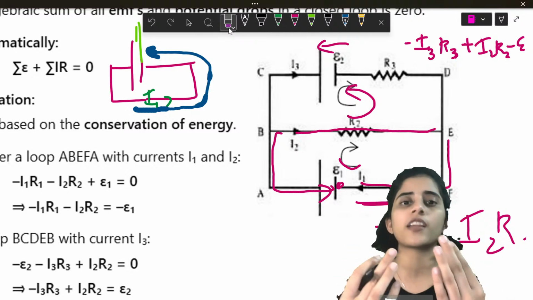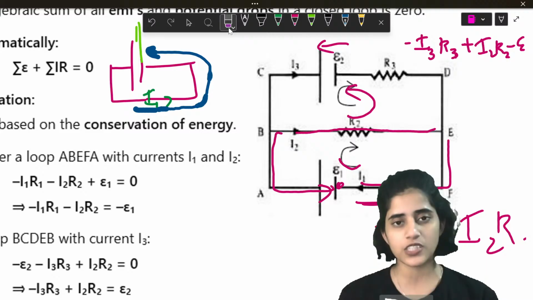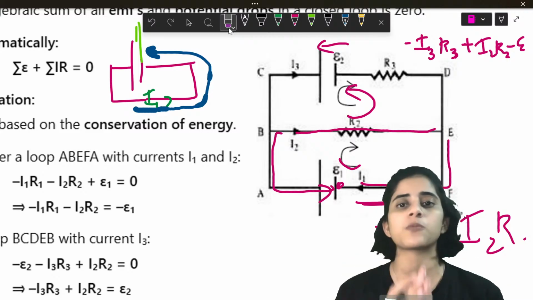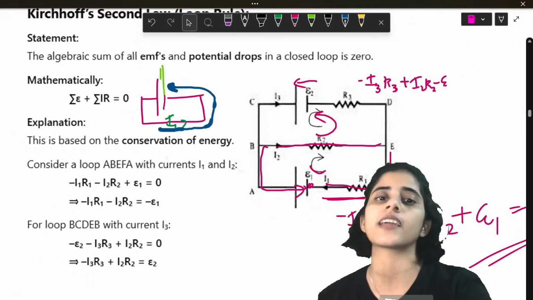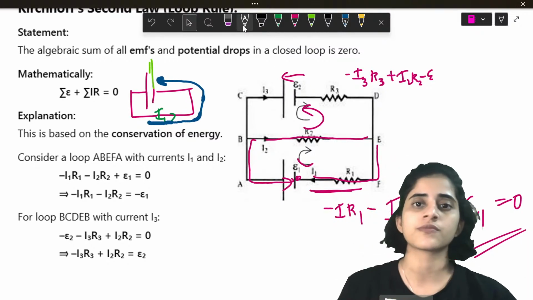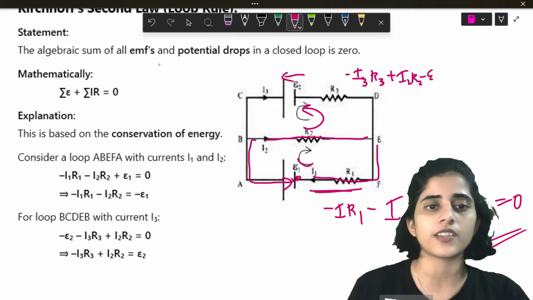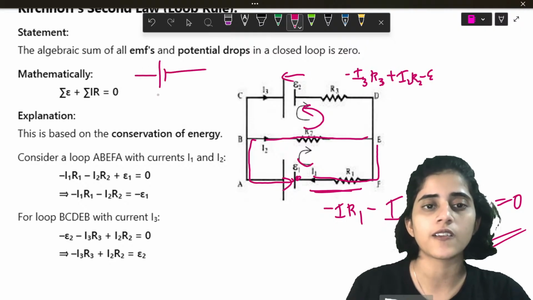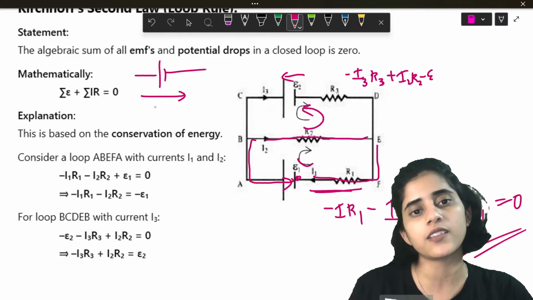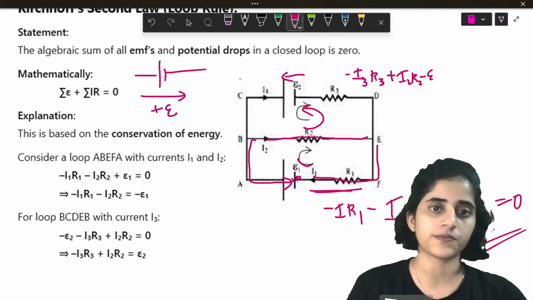If you're moving from the positive terminal to the negative terminal of a battery, you take it as positive, otherwise negative. You can actually write that. Now, if you're going like this, plus.